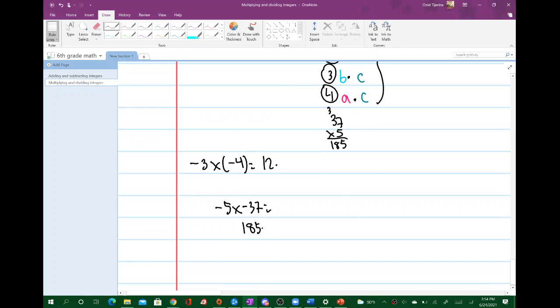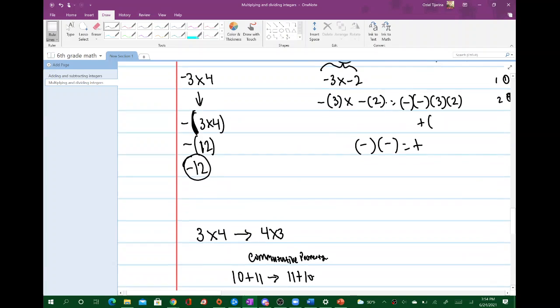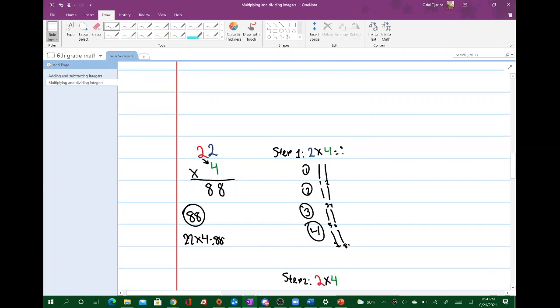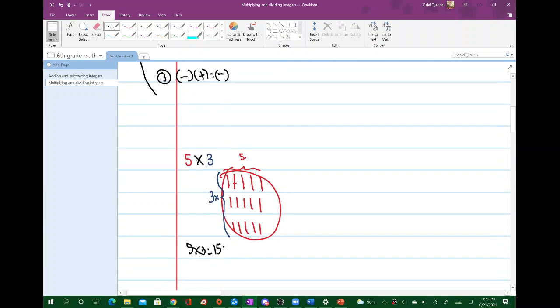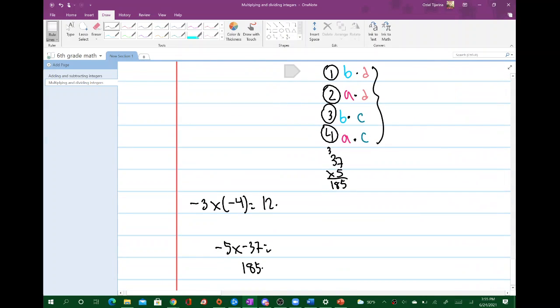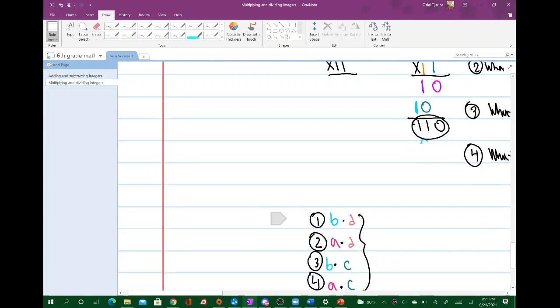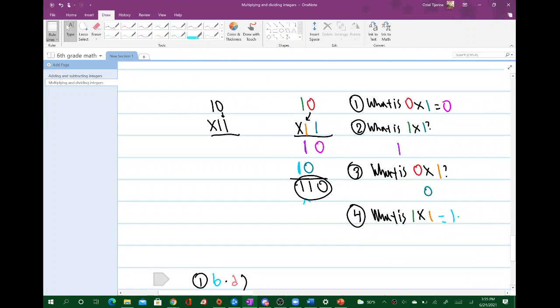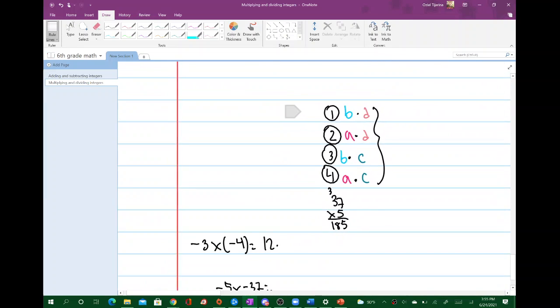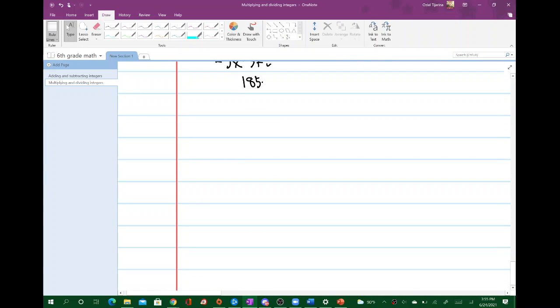I kind of went off on a tangent when I was talking about multiplying in general. But that is for those of you who don't understand exactly how it works. It is very important that you understand how to do multiplication, also division.